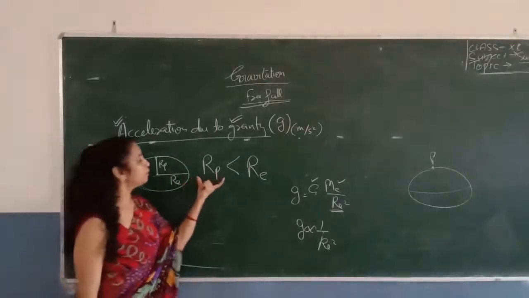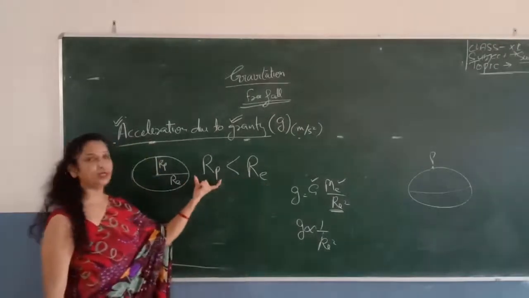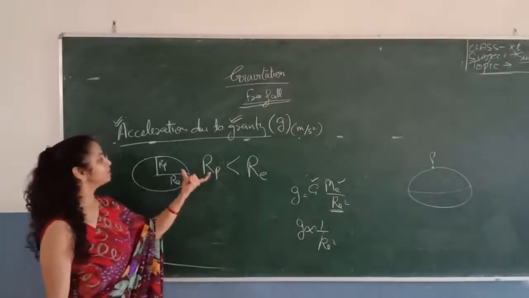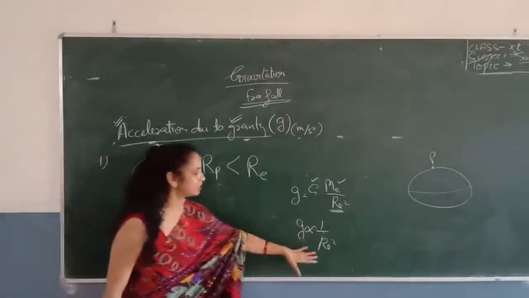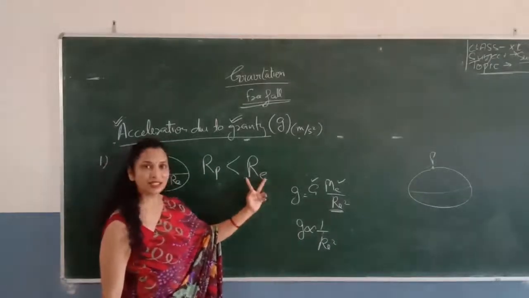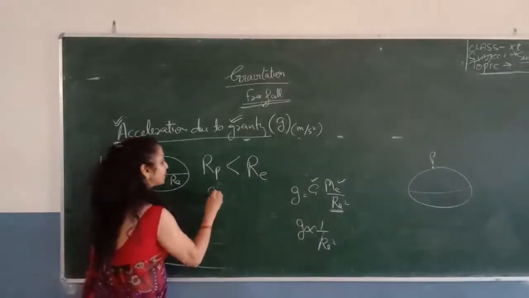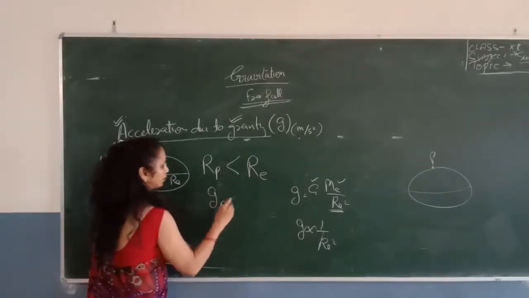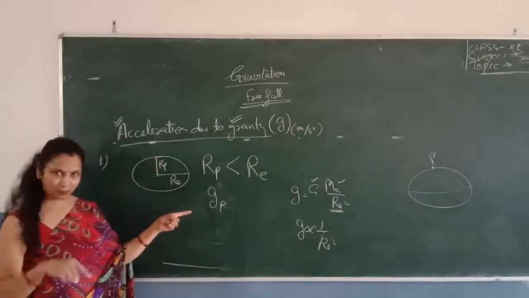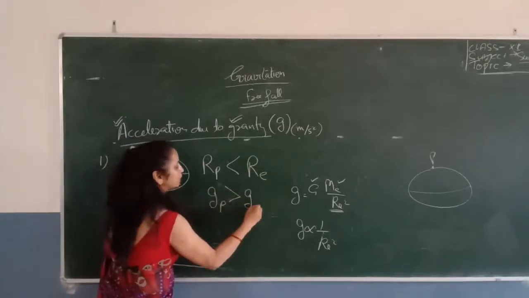The radius at the equator is higher and the radius at the pole is less, so if the radius is less, the acceleration produced will be higher, and if the radius is large, the acceleration produced will be less. So the acceleration produced at the pole, this is g, the acceleration at the pole, is higher than the acceleration produced at the equator.